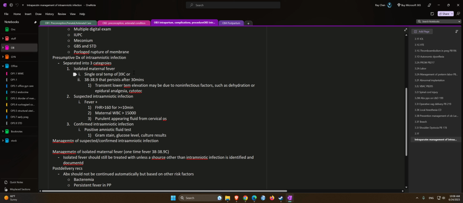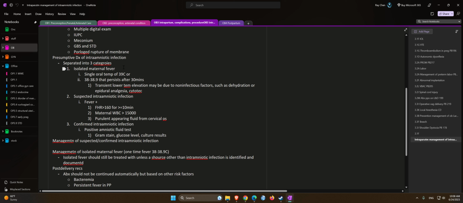There could be transient lower temperature elevation that's due to non-infectious factors such as dehydration or epidural or even Cytotec.